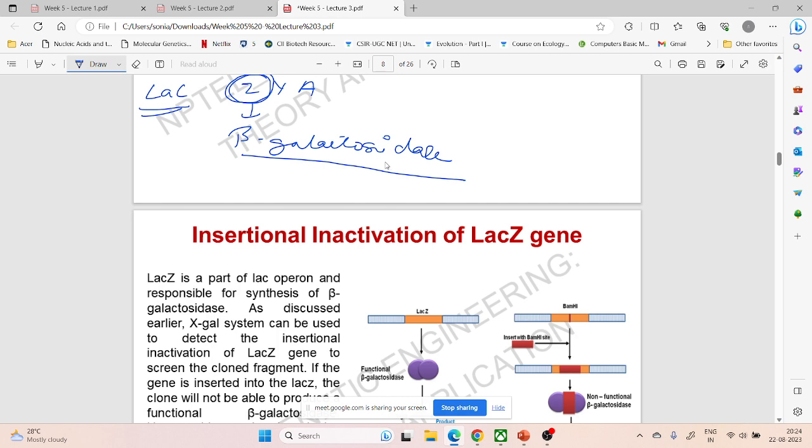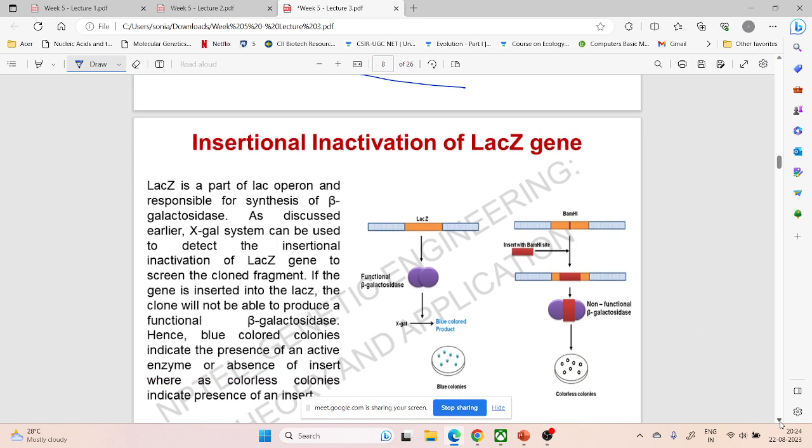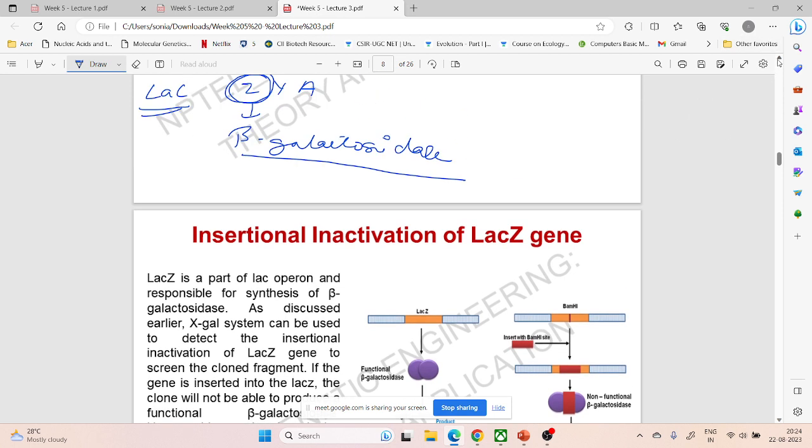Now this beta galactosidase is required for the proper functioning of the lac operon.